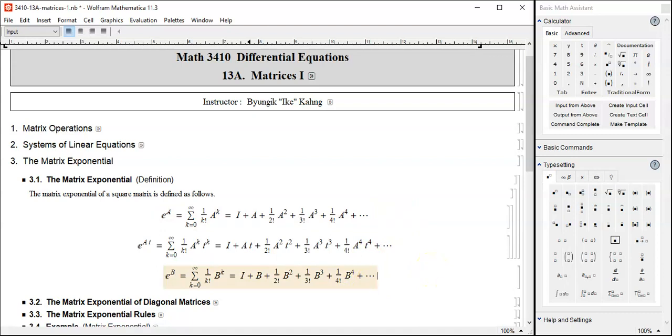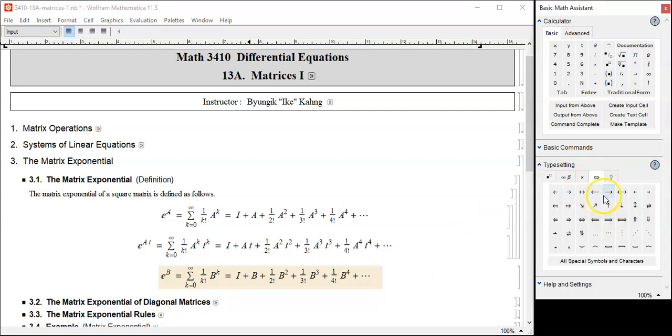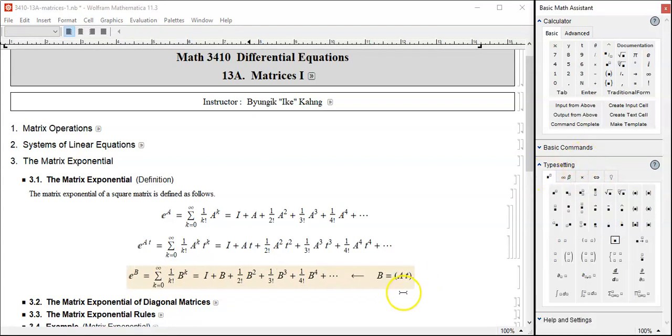And then I'm going to define B as A times t, where t is a scalar, so this is scalar multiplication. And then if you plug in this At in place of all the B's there, first power, then the second power, third power, fourth power, and so on, then of course you're going to get this expression there.